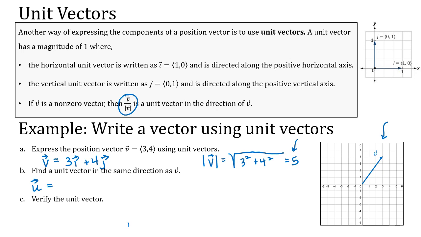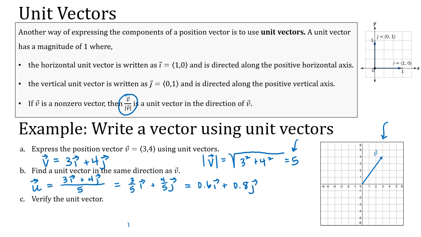I'm going to take vector v, which is 3 unit vectors in the horizontal direction, plus 4 unit vectors in the vertical direction, and I'm going to divide that by the magnitude of vector v, which we just came up with as 5. All right. Now, I could leave it like that, or I could actually do that division and call this 3/5 i plus 4/5 j. And I suppose I could even use a calculator if I preferred, and I could say that this is 0.6 i plus 0.8 j.